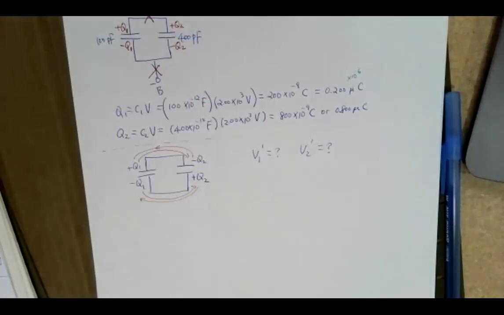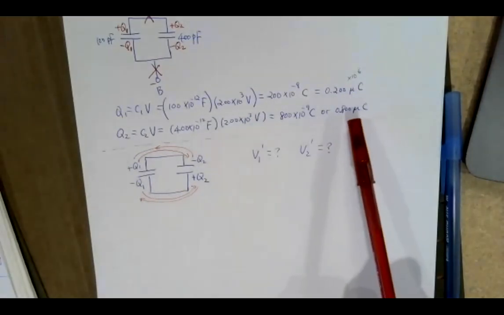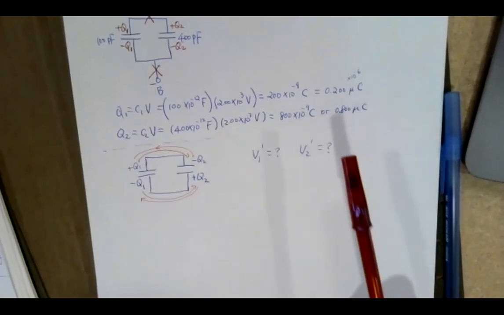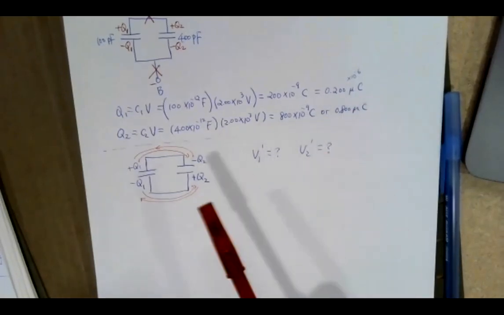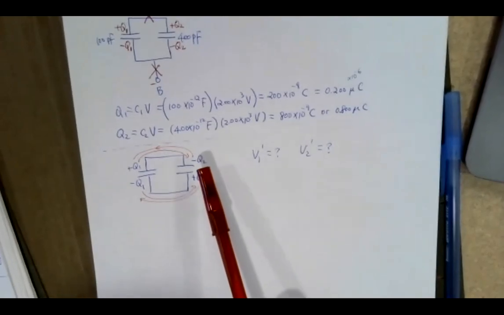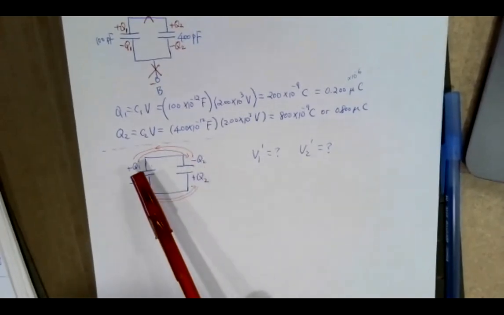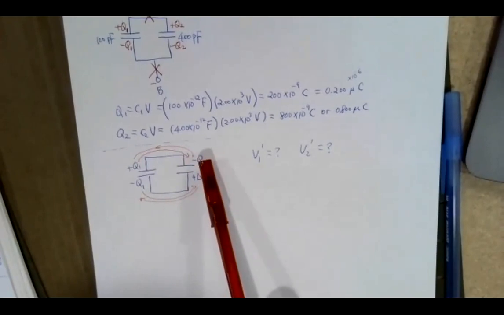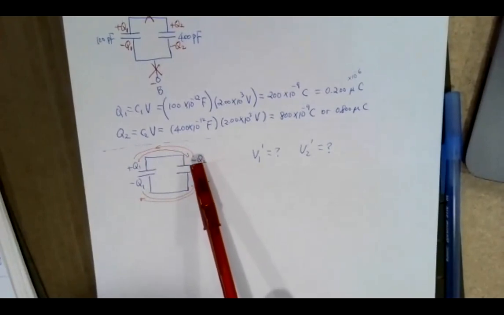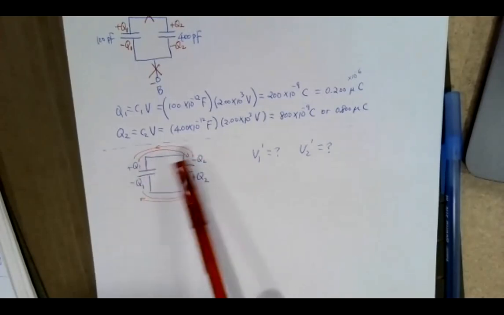So the result would be, we can see that Q1 is 0.2, Q2 is 0.8 in microcoulombs, right? So Q2 is larger than Q1. So you can expect that after that, positive Q1 on top will be neutralized by part of Q2. So then you will have negative charges on the top plates, okay?